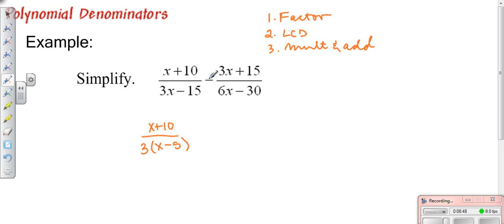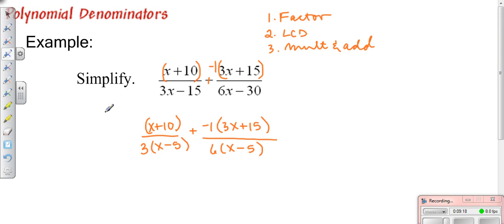Now if I have a minus, remember these are single terms in the numerator, I like to change this to plus a negative 1 being multiplied, and then I'm sure that I won't drop that negative. And so I'm going to just leave the denominator alone for a minute. All over common factor between 6x and 30 is 6, and I have x minus 5.